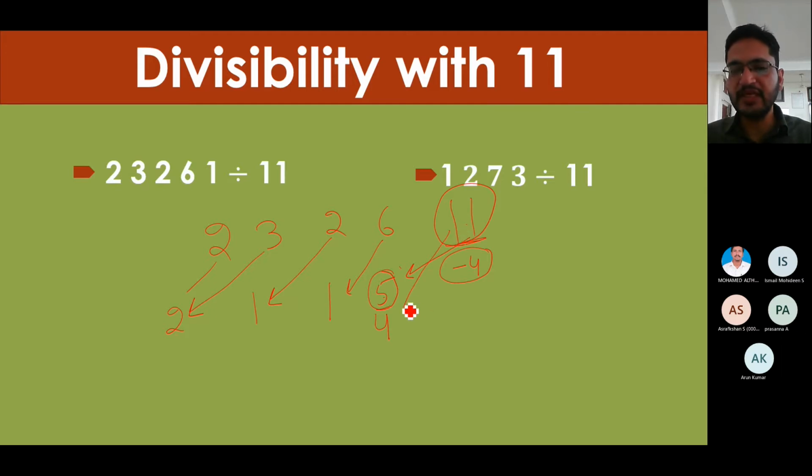Now I will subtract 11 minus 4, that is 7. So the quotient is 2114, 2114, and the remainder is 7.